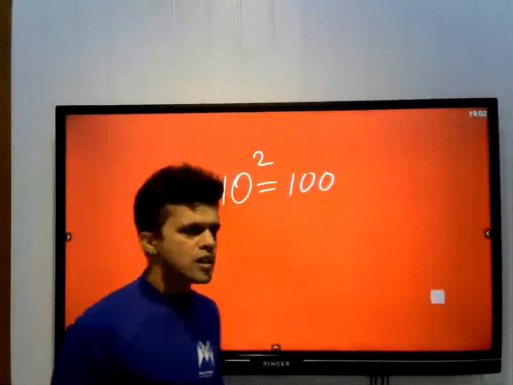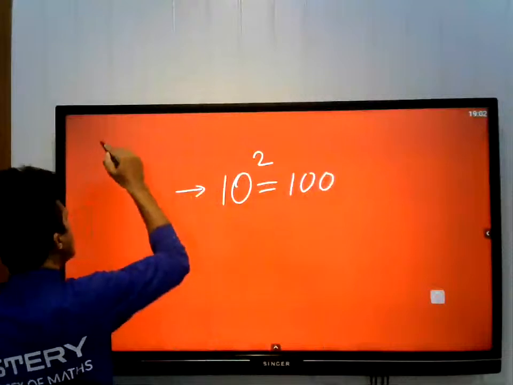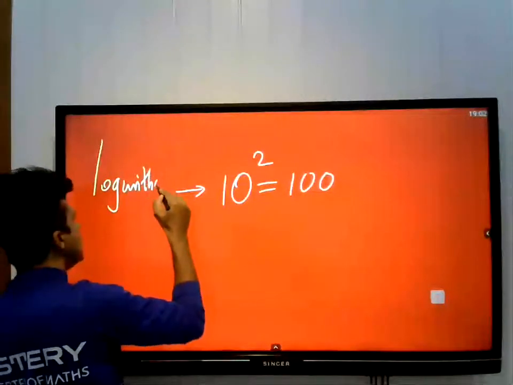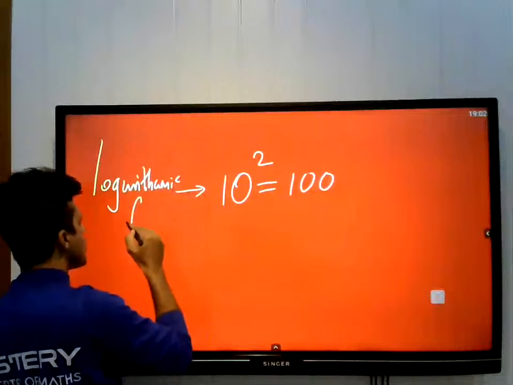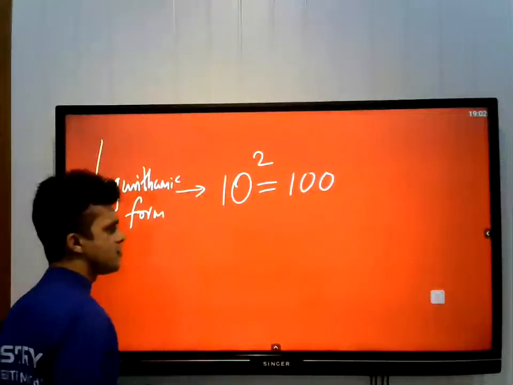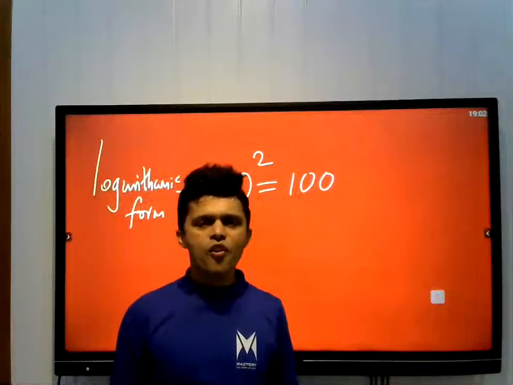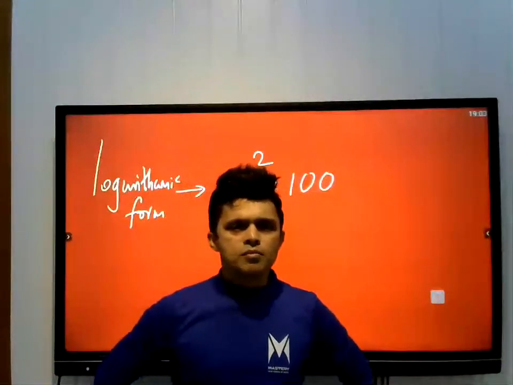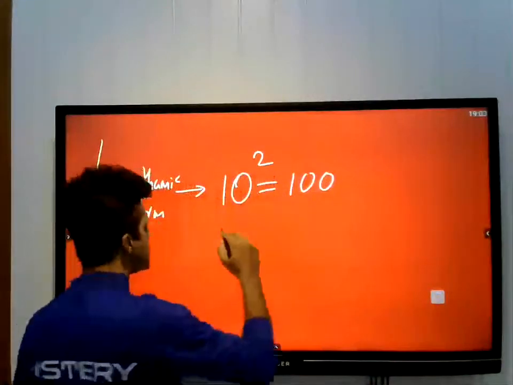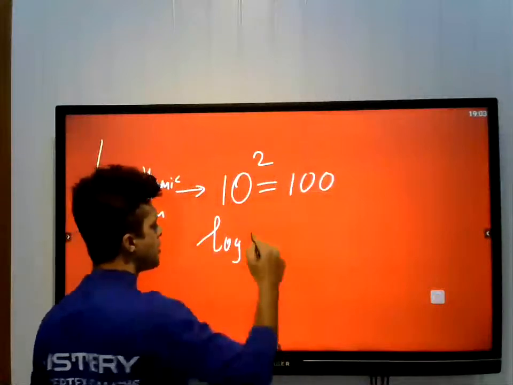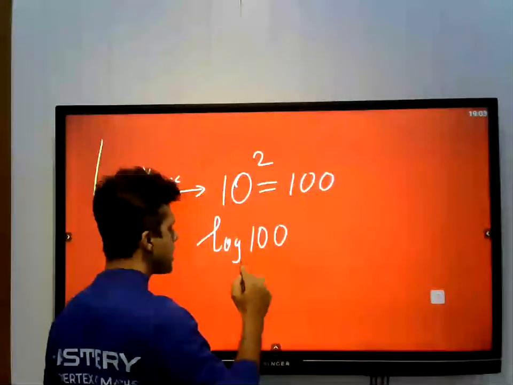This is index form. It needs to be written in logarithmic form, which means it can be written as log 100 to base 10.